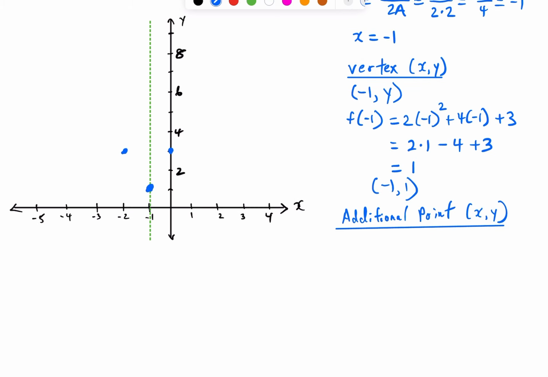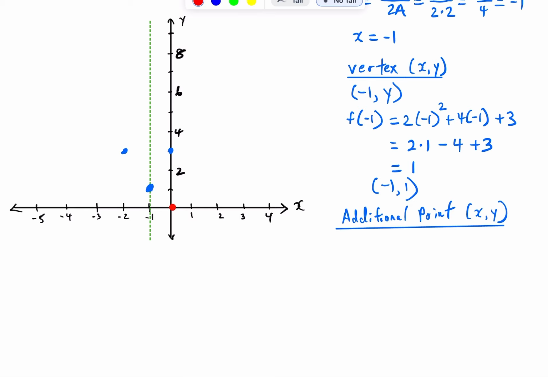So we don't know our x, and as a result we don't know our y. So we can go ahead and pick an x value. We already have an x value of -1 over here that gives us this point. We also have an x value of -2 that gives us this point here, and we have an x value of 0 that gives us this point.